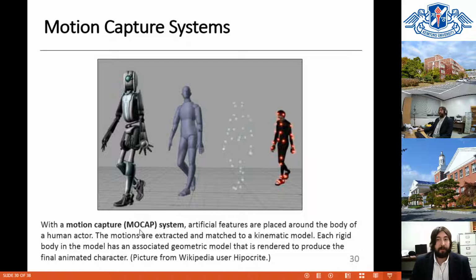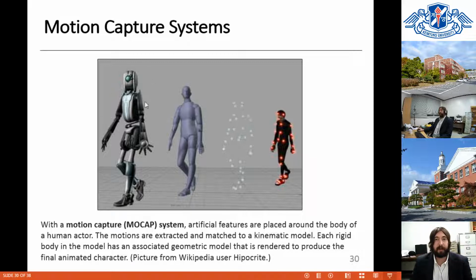So artificial features are placed around the body of a human actor, and the motions are extracted and matched to a kinematical model. Each rigid body in the model has an associated geometric model. As you see here is the geometric model, which is then rendered to produce the final animated character.